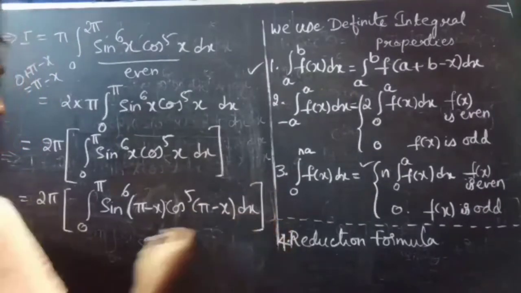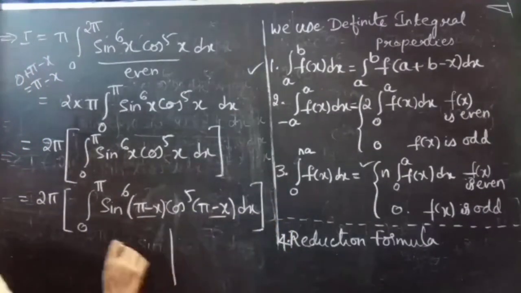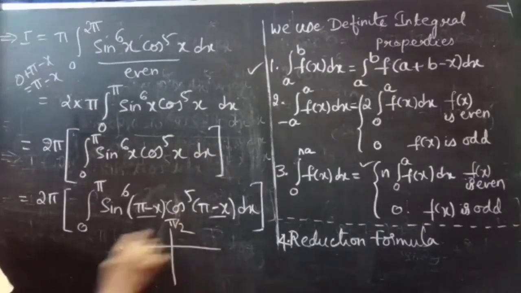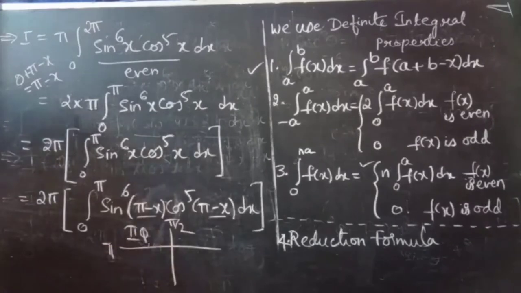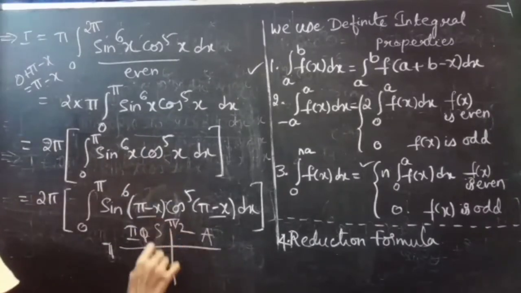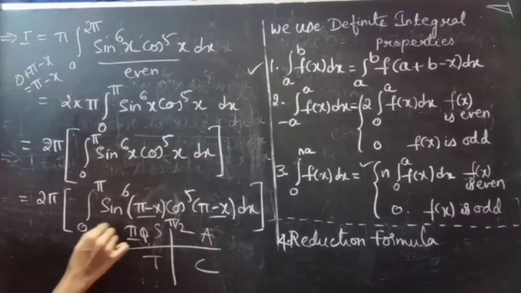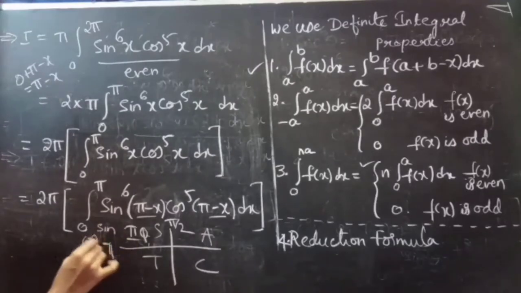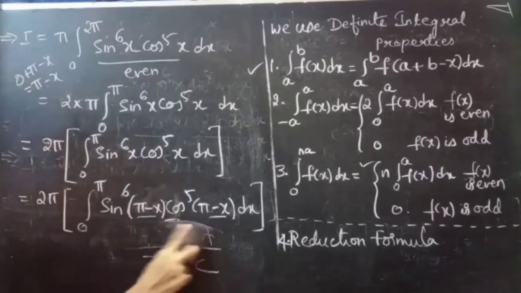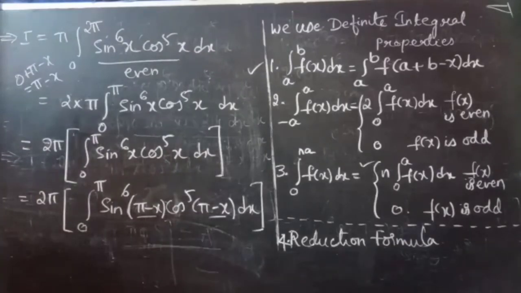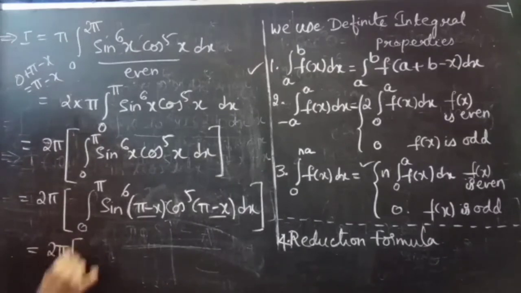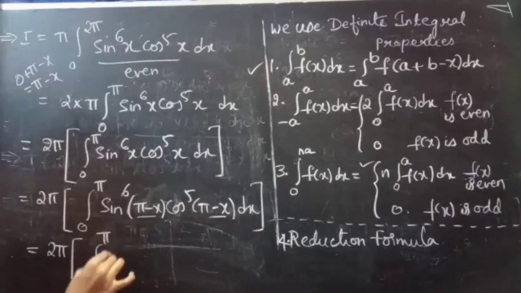Since you are having pi minus x, which exists in the second quadrant, in the second quadrant, if you consider the all silver teacups rule, sine and cosecant will be positive and the remaining functions will be negative. So this equals 2 pi into the integral from 0 to pi.